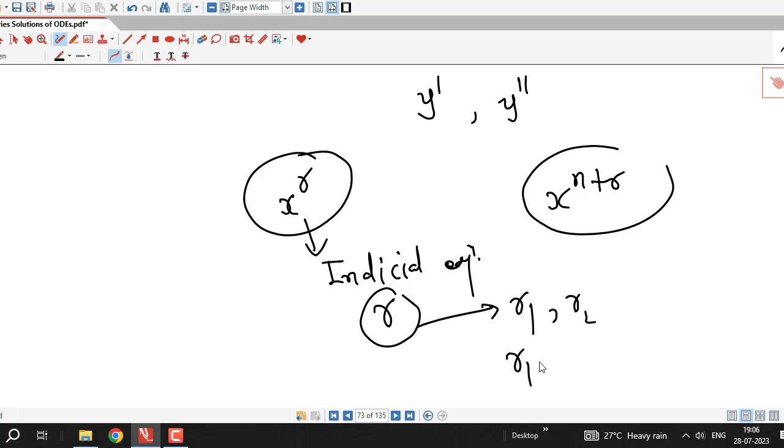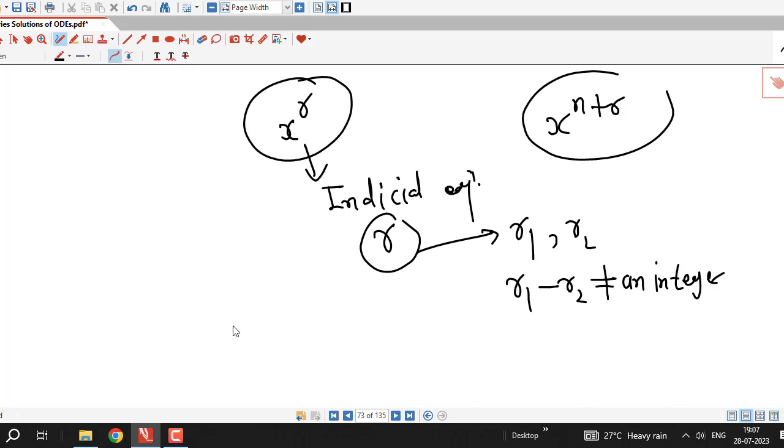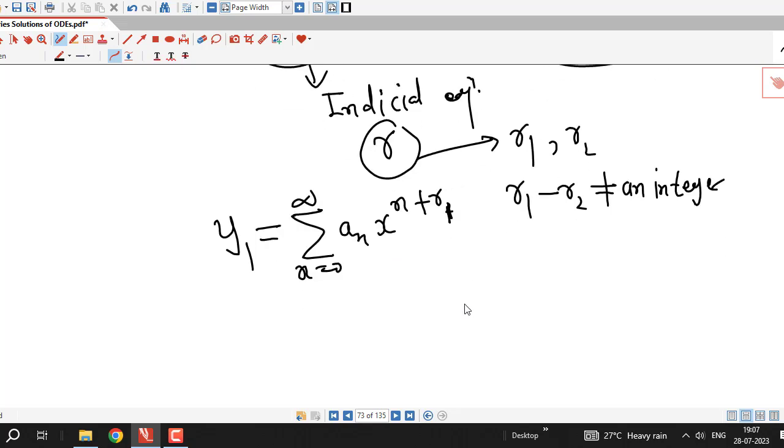In this case r1 and r2 are different, and their difference is not an integer. Therefore we have obtained solutions corresponding to r1 and r2 by taking r equal to r1 and r equal to r2 in this form. For r equal to r1 we have this form, and x^(n+r2) for r equal to r2.